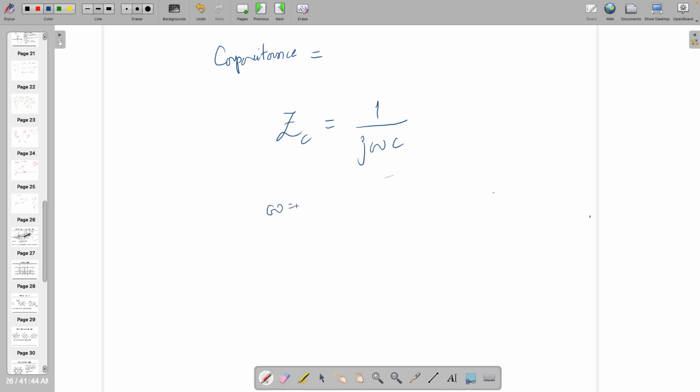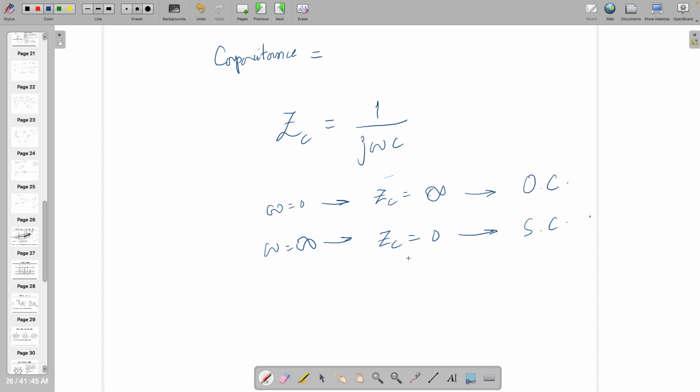At omega equal to 0, Zc, can I call this infinity? And at omega equal to infinity, Zc goes to 0. These are not purely infinity and purely 0, because there are lots of other things, but let's assume that this is infinity and this is 0. If it is infinity, this is as good as an open circuit, and this is a short circuit.